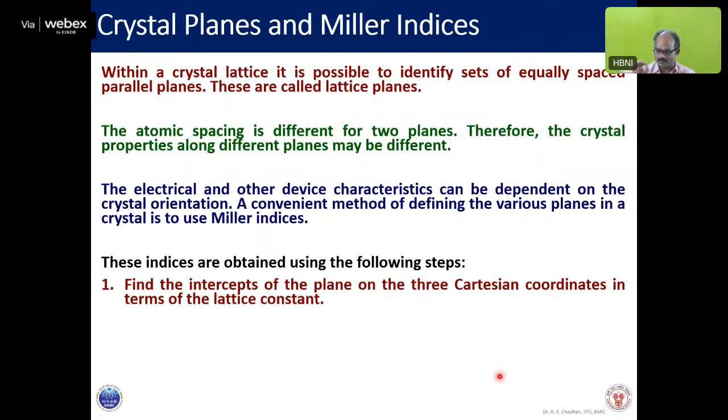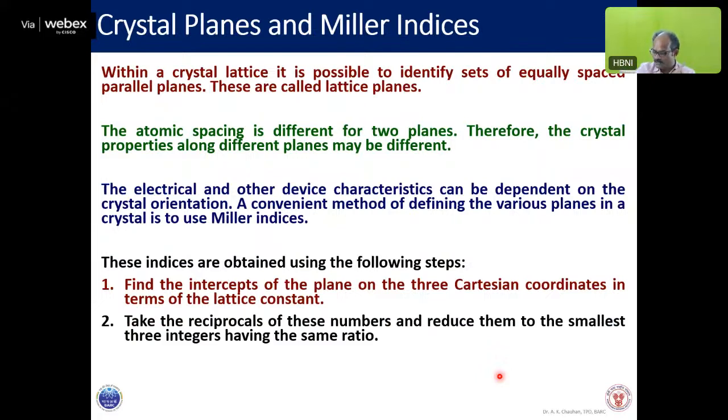Suppose you have a crystal lattice with certain parameters a, b, c, alpha, beta, gamma, and you have created a plane by joining any arbitrary 3 points. Then this plane will definitely cut the x, y, z axes somewhere.